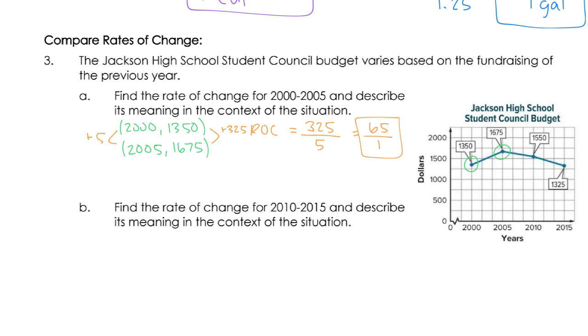So I would say that 65 is the y value, and that would be dollars, and then 1 is years, because that's the x value, so then that means the budget increases, since it's positive, $65 per year.